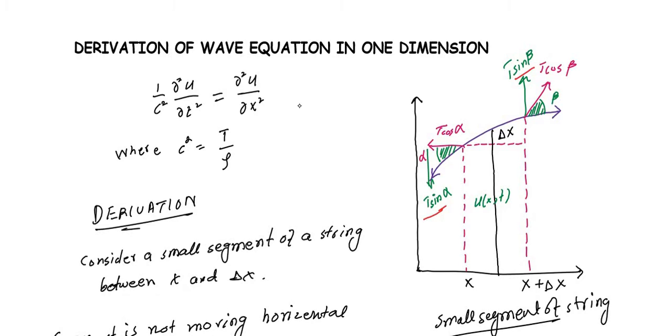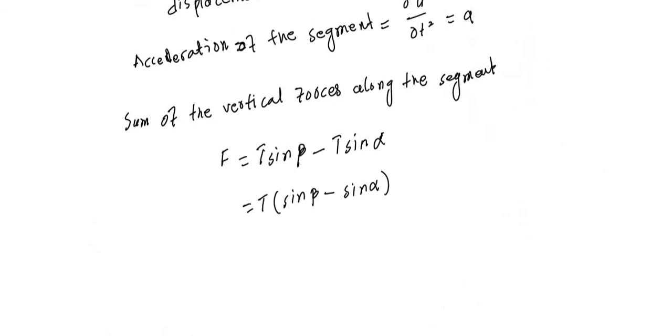There is no force acting horizontally, so the magnitude of this is 0, and the magnitude of this is 0. So the only forces we are going to consider are the sine components of the angle. Here you can see t sine beta and t sine alpha are the components that we are going to consider in our model.